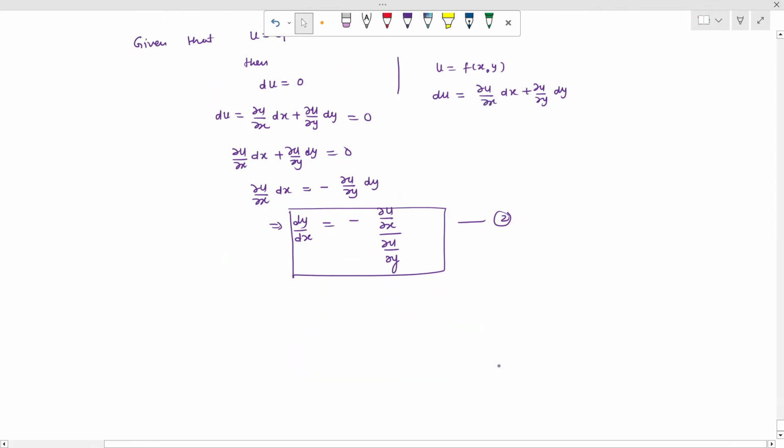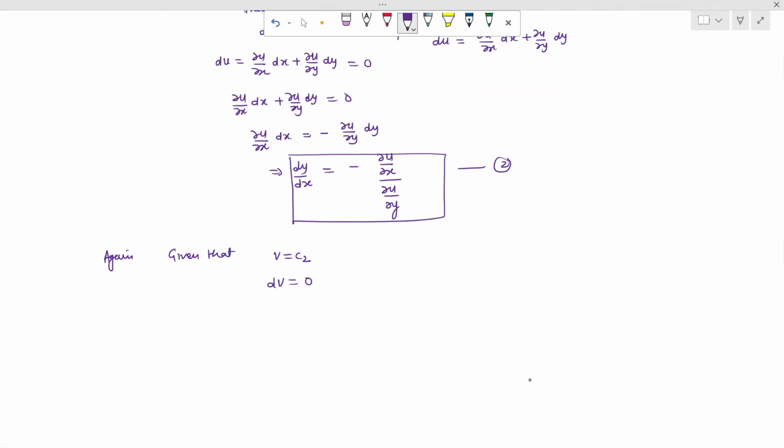Now similarly, again, given that v = c2, when we take the total derivative of this, it gives us dv = 0. So del v upon del x into dx plus del v upon del y into dy is equal to 0.